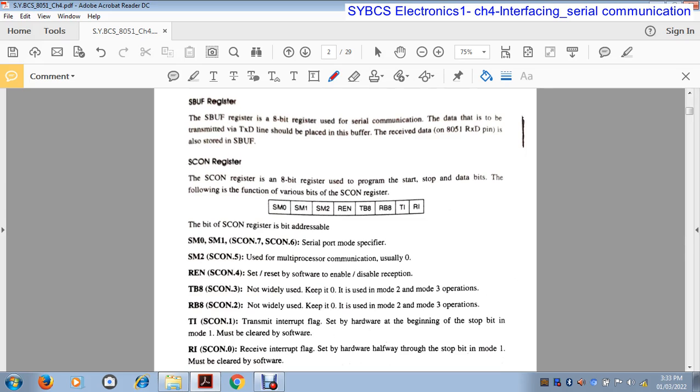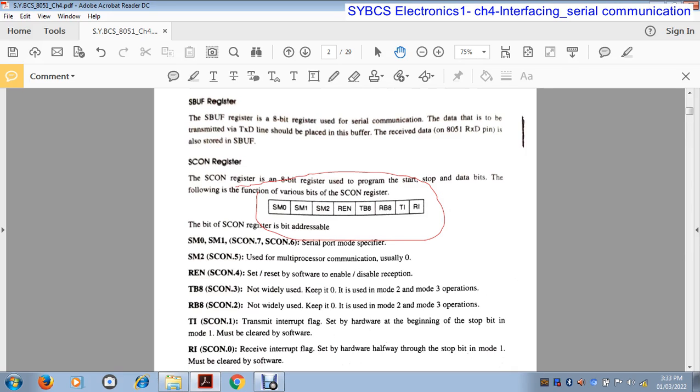The bits are SM0, SM1, SM2, REN, TB8, RB8, TI and RI. This is the 8-bit data frame of the SCON register, and the bits of SCON are bit addressable.